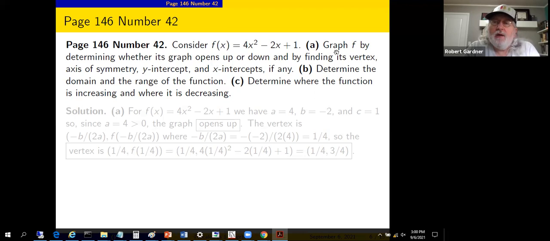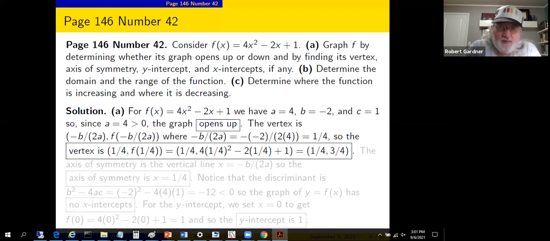Okay, this increasing, decreasing, and range stuff, we need the graph. So once we get the graph, the part B and part C stuff will be easy. It's hard to find the range of a function unless you have a graph. If you've got a graph, then it's no problem. So that's another reason to graph. All right, part A. They give us the function, ax squared plus bx plus c.